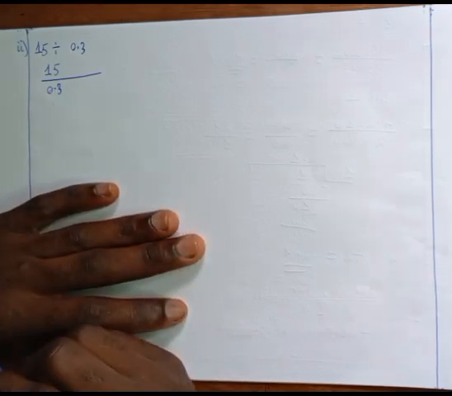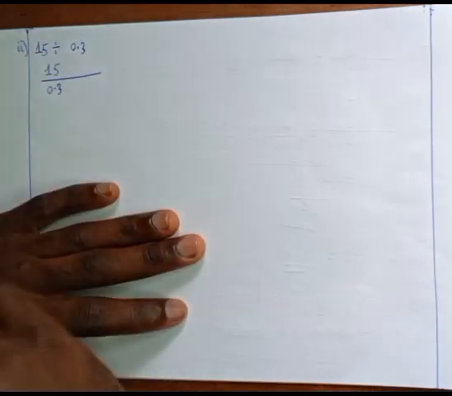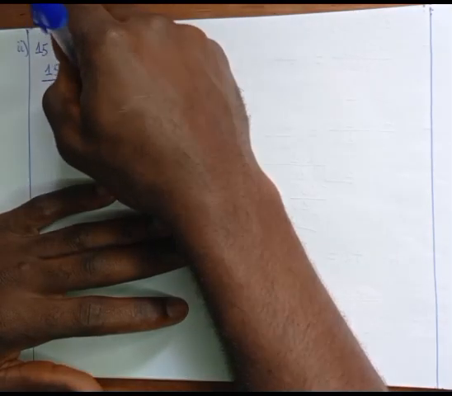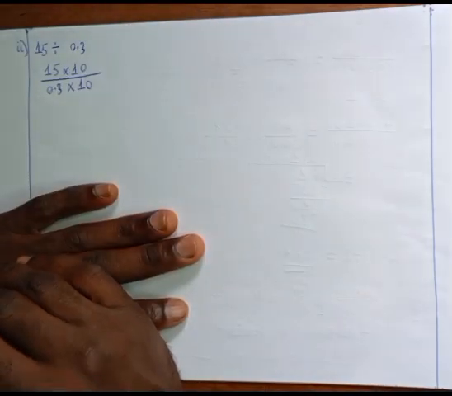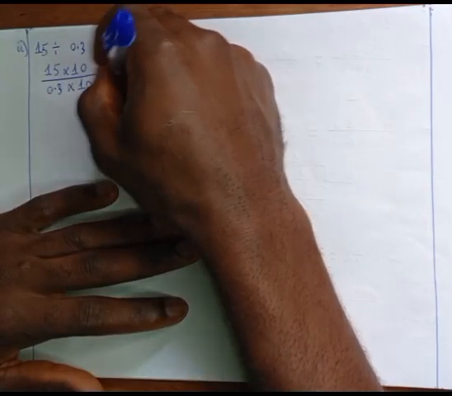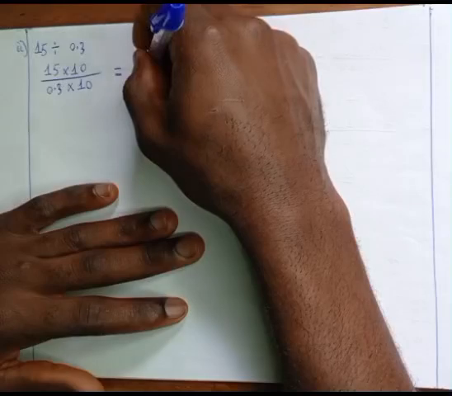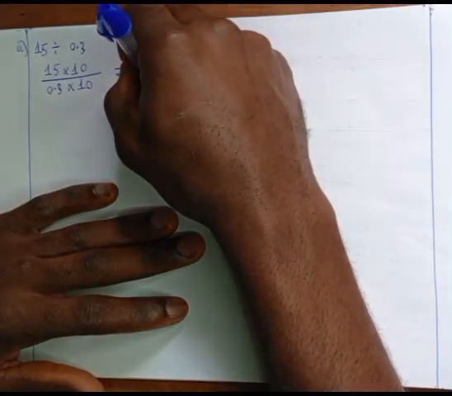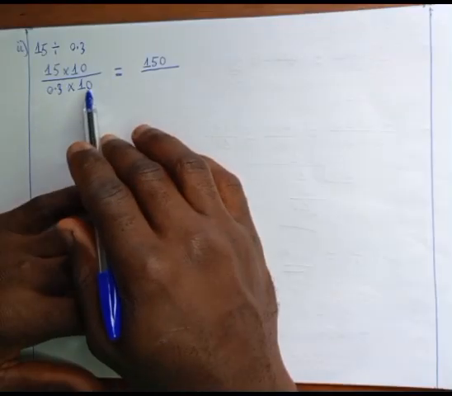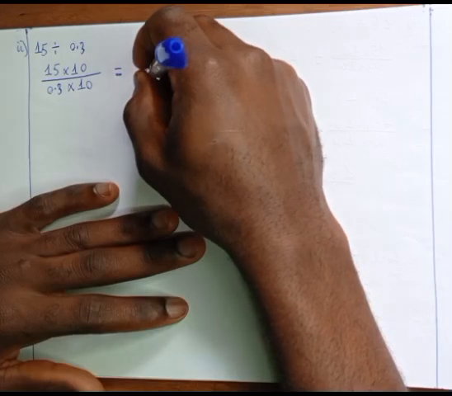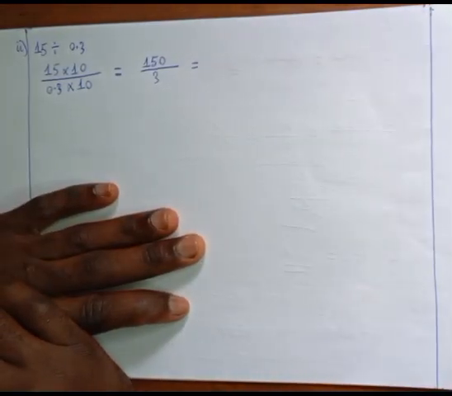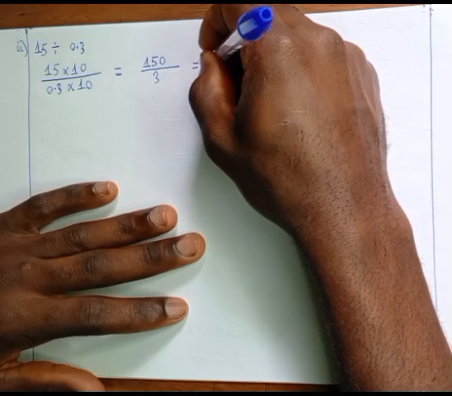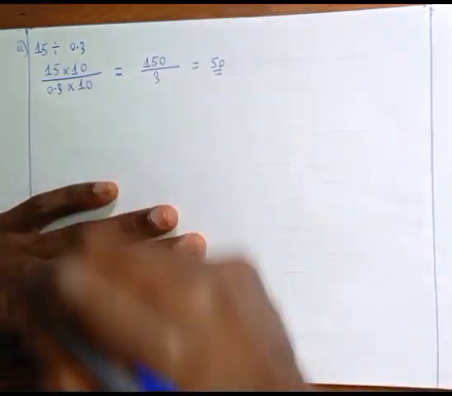We are going to multiply both the numerator and the denominator by 10. We are multiplying by 10 because we want the divisor to be a whole number. So this will simply be equal to 15 times 10 gives us 150 all over 0.3 times 10 gives us 3. 150 divided by 3 gives us 50.